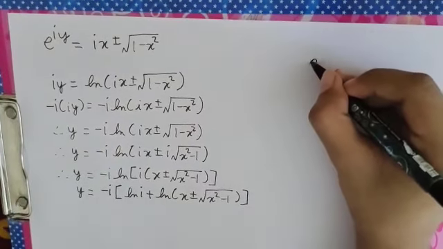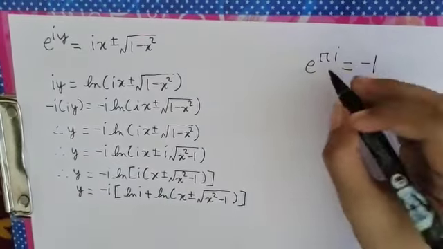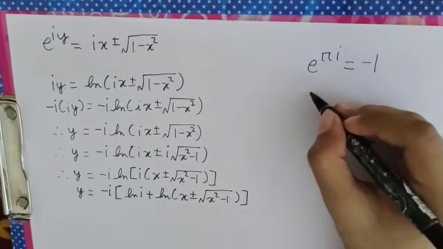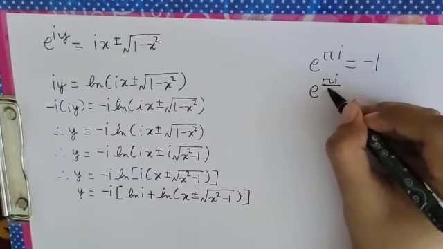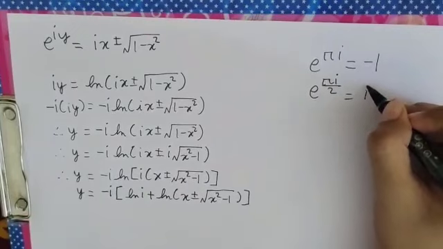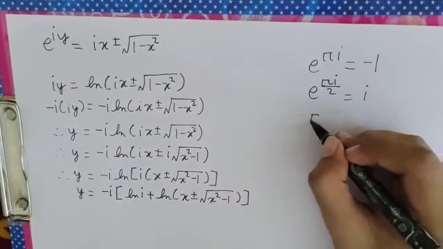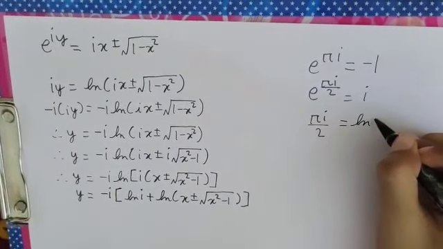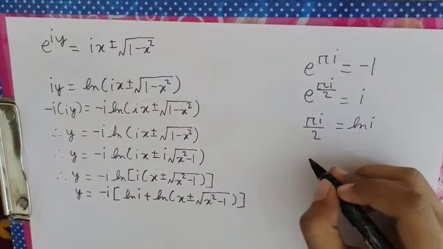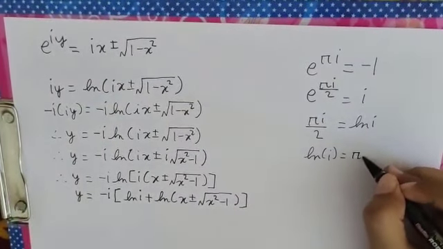We know that e^(πi) is equal to minus 1. Taking square root on both sides, we get e^(πi/2) is equal to i. Taking natural log on both sides, we get πi/2 equal to ln i. Therefore, ln i is equal to πi/2.